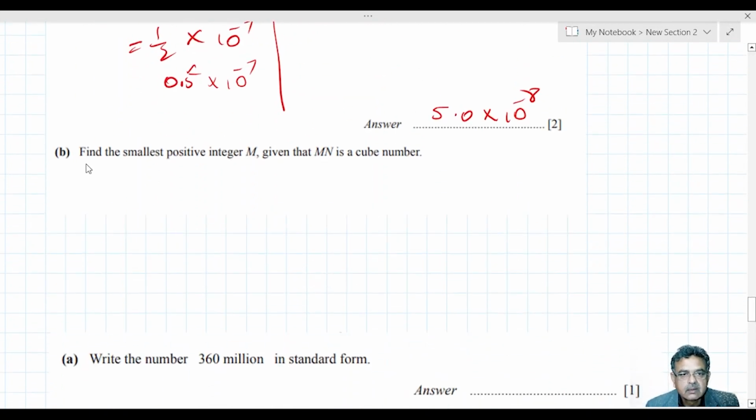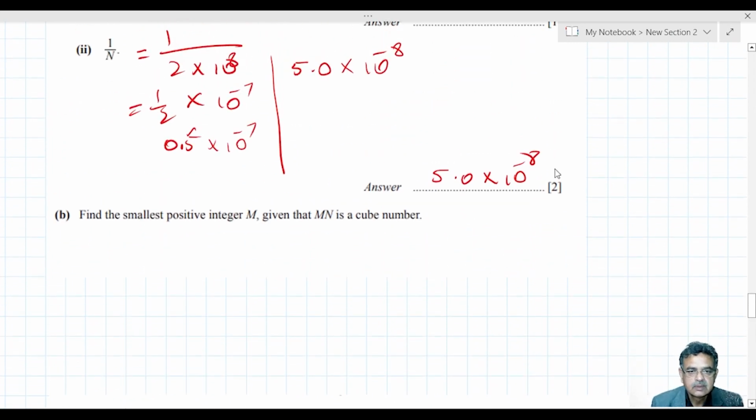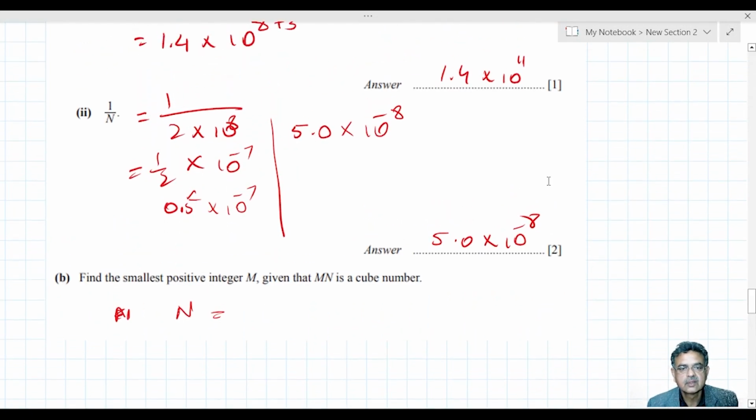Okay. Find the smallest positive integer m given that mn is a cube. n is now 2 into 10 to the power 8. We have to make their indices such that it becomes divisible.